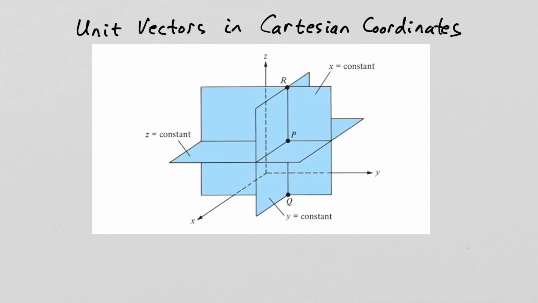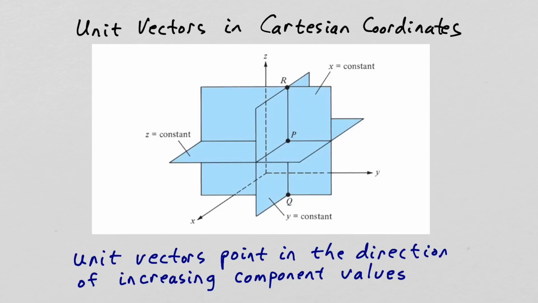So here is our point P defined by the intersection of our three surfaces. A unit vector points in the direction of increasing component value. So if x were increasing, the x-plane would be moving along this direction of this arrow, so that would be our unit vector in the x direction.